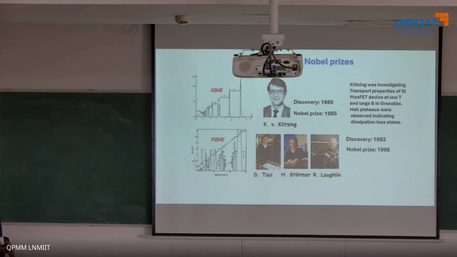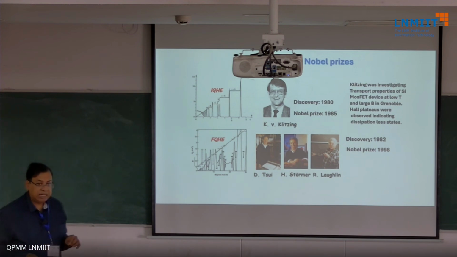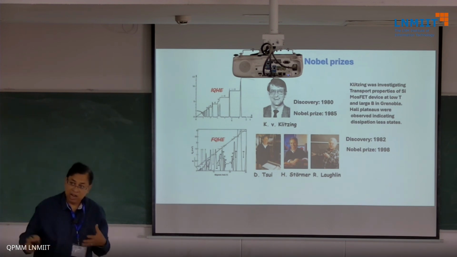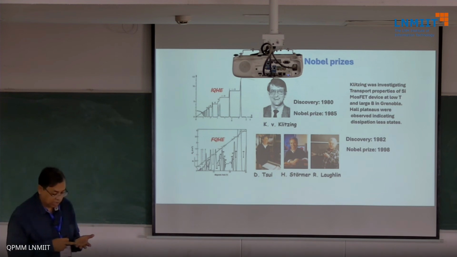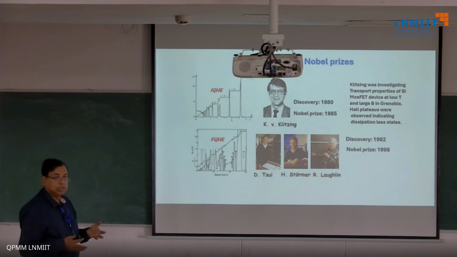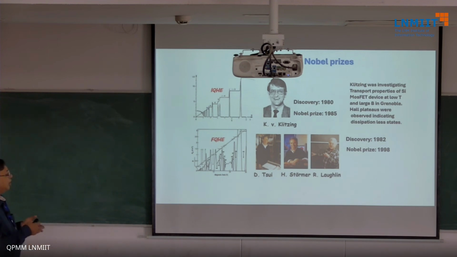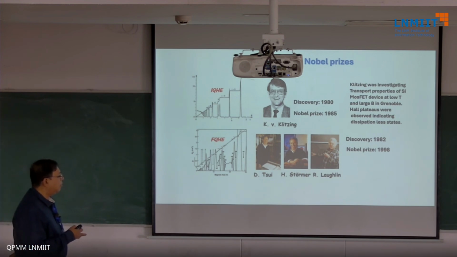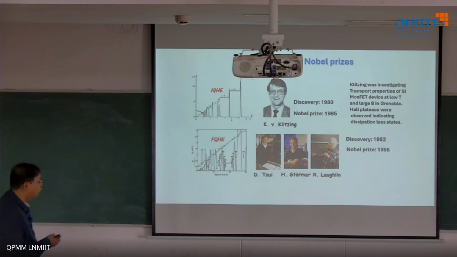That's what was shown. But then it turned out that in cleaner samples, there's a hierarchy of energies that is important here: the disorder energy, the magnetic field energy or the cyclotron energy.